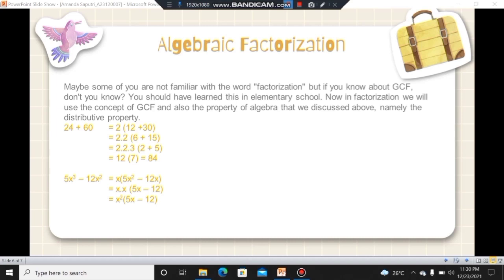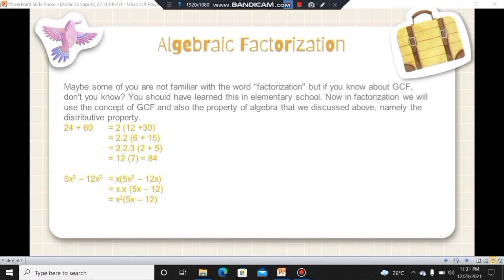Maybe some of you think this is the completion. The factorizing process we learned is where the factors we take are the letters, namely 2 times 2 times 3. Now with variables, for example.